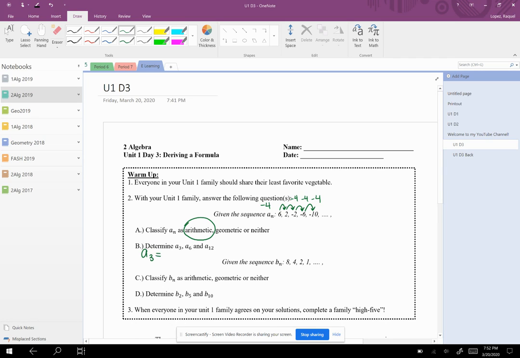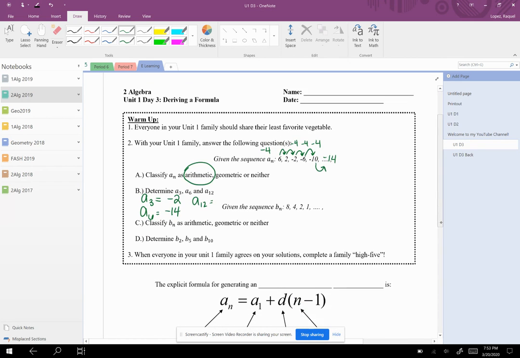The third term in the sequence is -2. The sixth term is not really explicit, so I'm going to have to extend the sequence, subtract another 4, and that's going to get us -14. And a sub 12, I don't really want to do that right now because I'd have to extend that sequence and spend too much time doing that. So we'll come back to that.